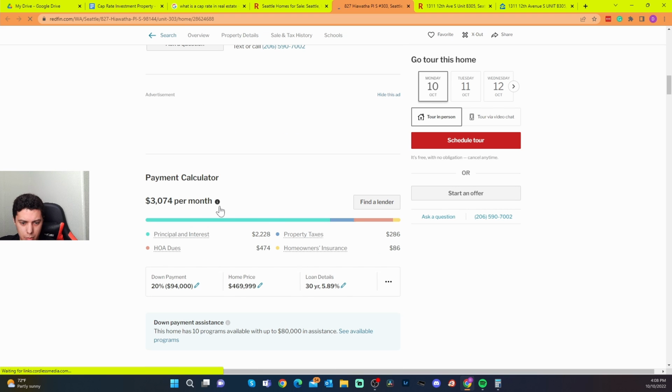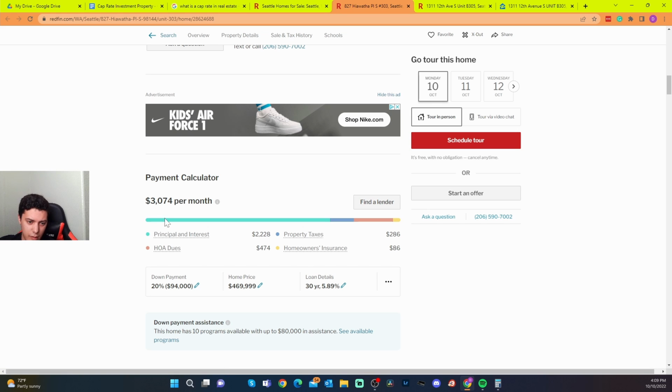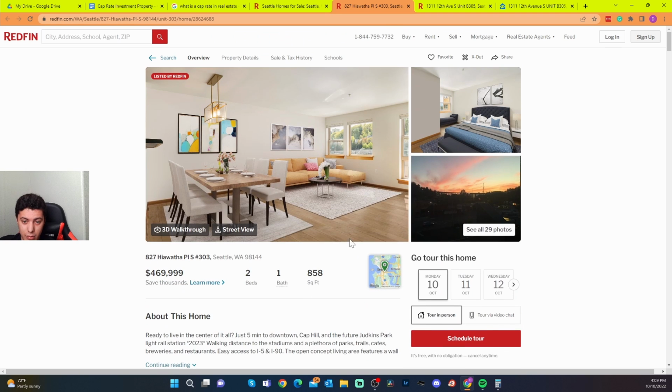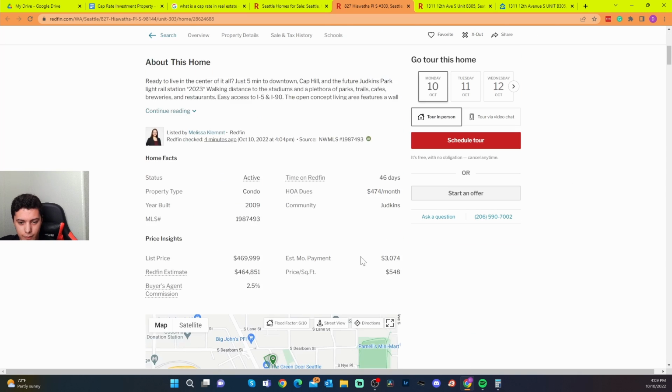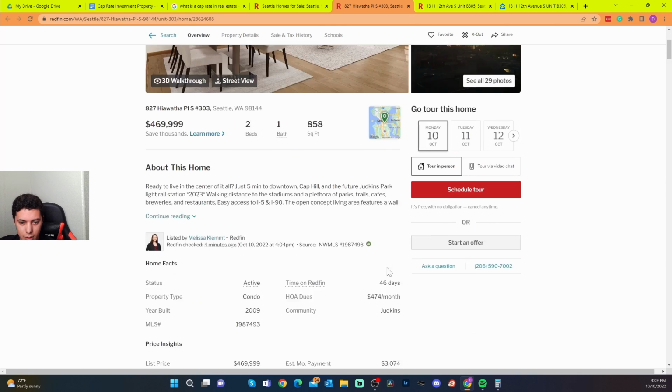So basically you need to put like $94,000 down. All right, that's a must. And then that's 20%. And then you're paying maybe $3,074. And I think this place could, because the average rent here in Washington is $2,500. In Seattle, $2,500. I know.